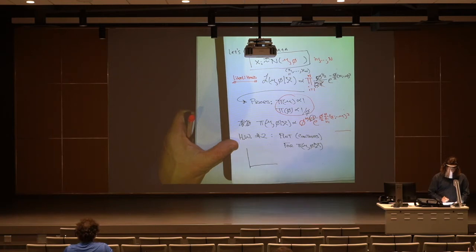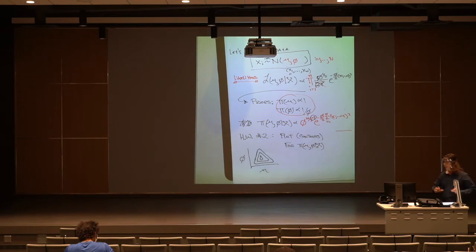So I'll just say as a function of phi and mu, this looks a bit like this. Triangular. And this is a function of n. So this is really a function of n and phi in a lot of ways.